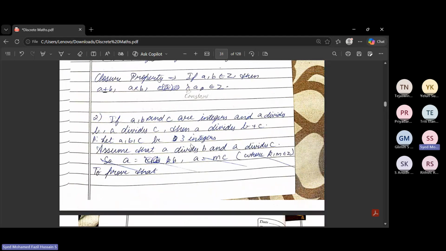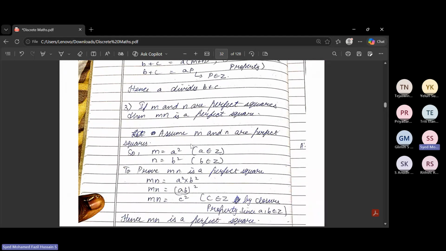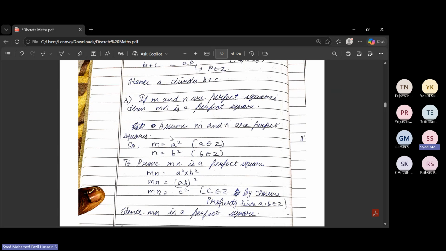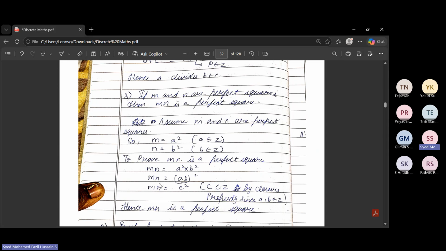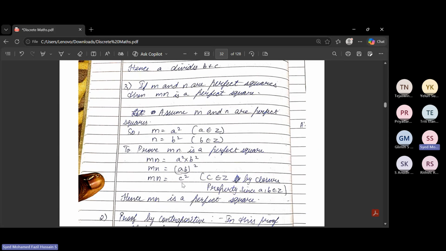In the third example, let's see: if m and n are perfect squares, then m into n is a perfect square. So if m is equal to a square and n is equal to b square, then m into n is a b squared, and we can aggregate ab to something called c.